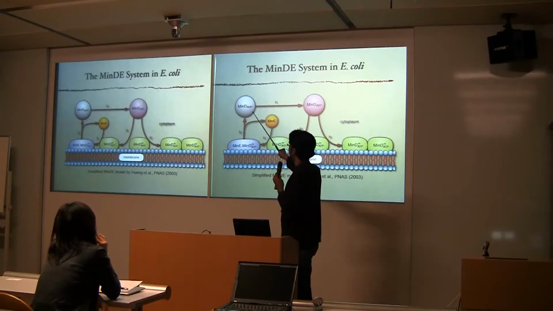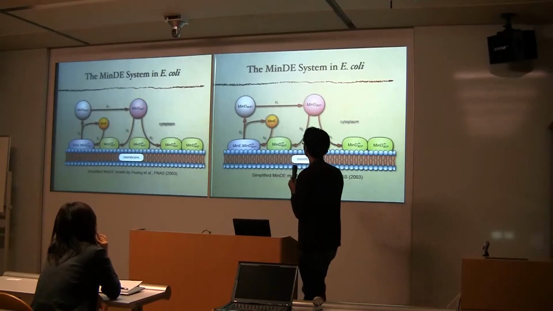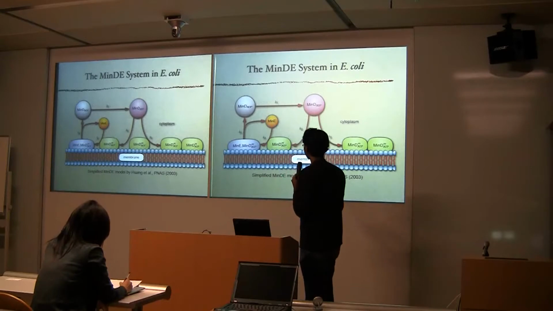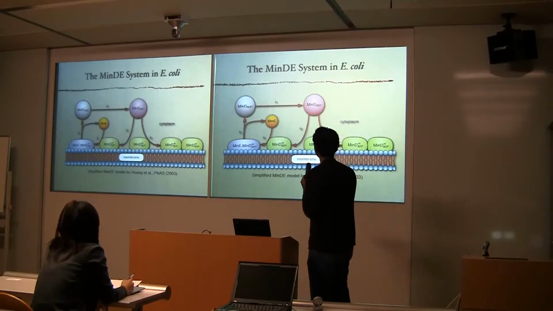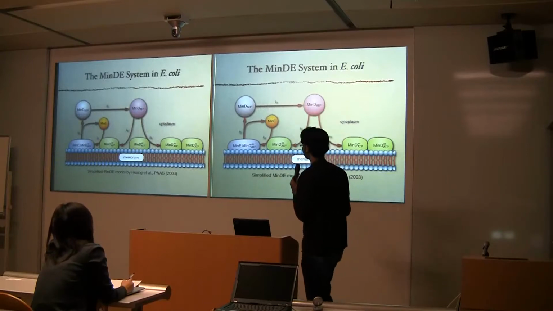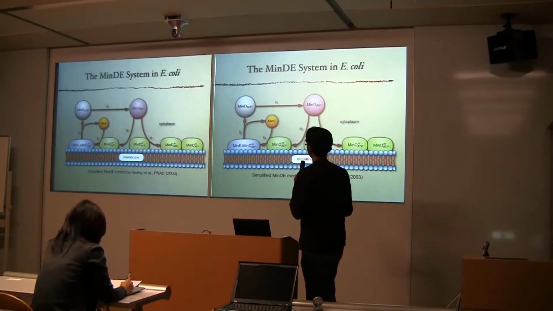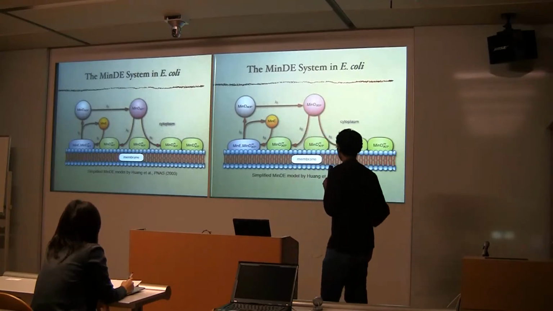MinD is released to the cytosol again, and MinE is also released. This cycle continues as long as there's ATP in the cytosol. With a very simple model such as this, it's possible to produce oscillation in a computational model, which was published by Fange et al.